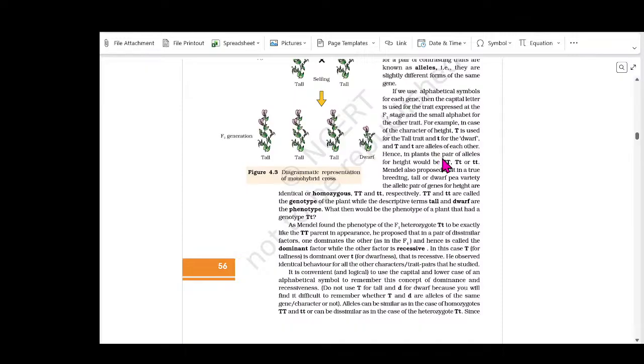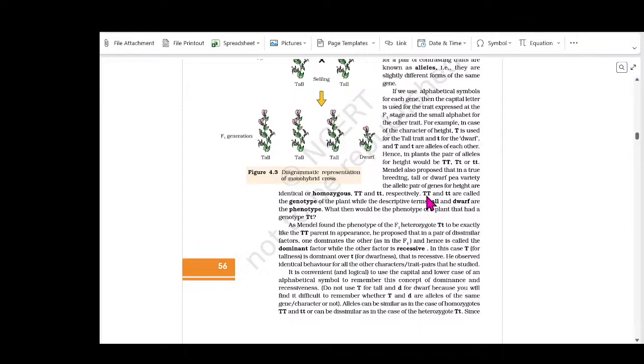Hence, in plants, the pair of alleles for height would be TT, Tt, and tt. Mendel also proposed that in a true-breeding tall or dwarf pea variety, the allelic pair of genes for height are identical or homozygous, TT and tt, respectively.